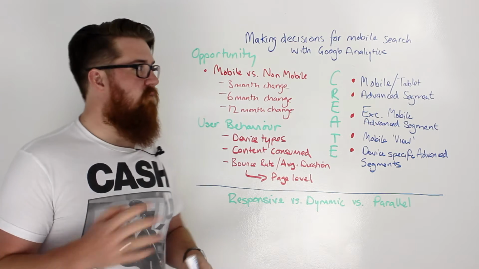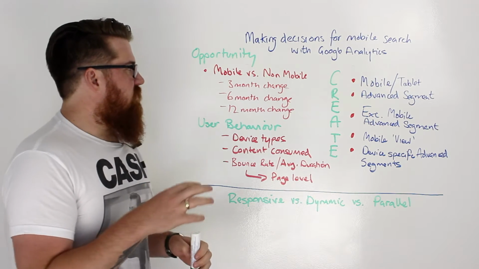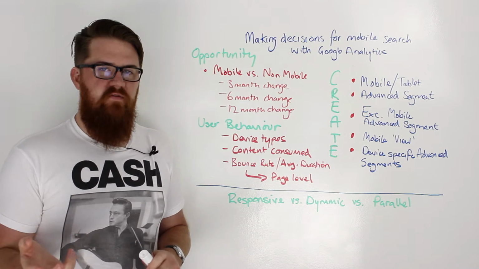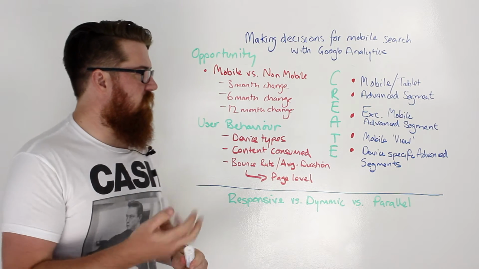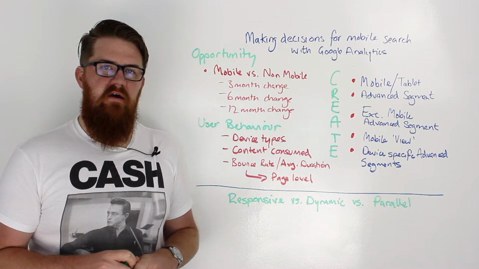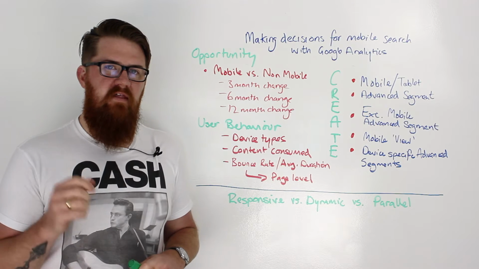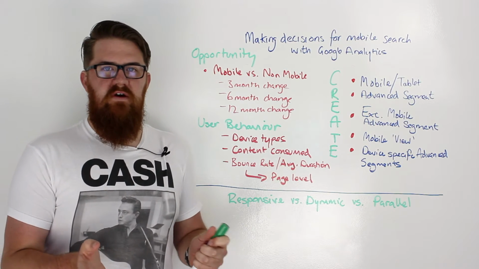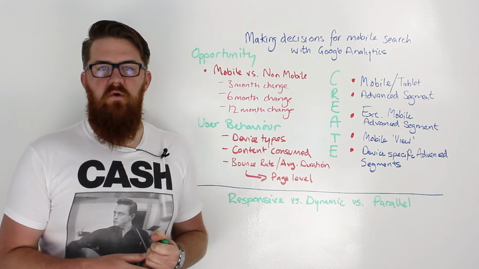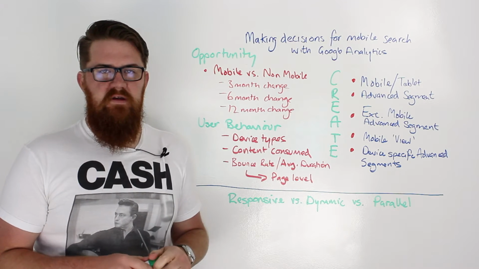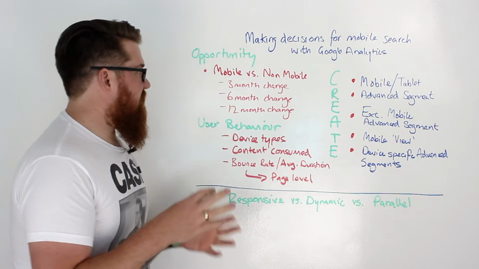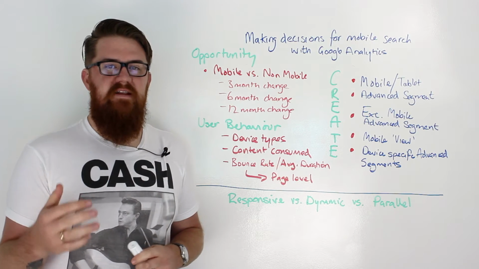So what I wanted to do today was think about how you can analyse the opportunity that mobile offers you, also look at what you can do within Google Analytics to help you uncover some of those insights, and then push you towards considering what solution it is that you decide to offer to your mobile viewers.